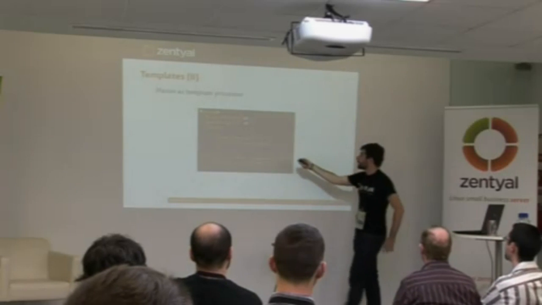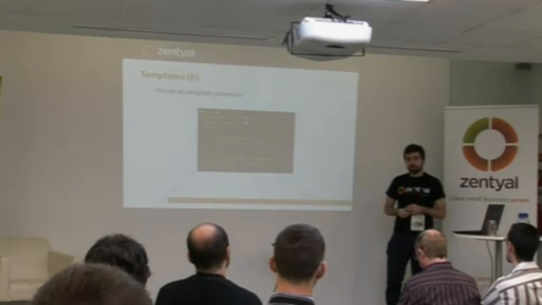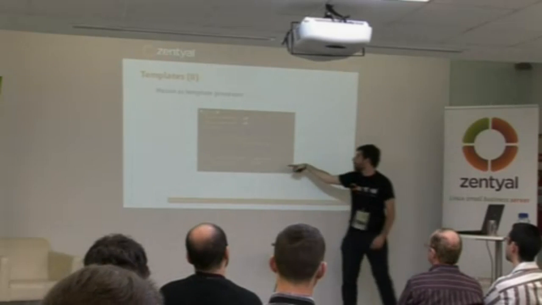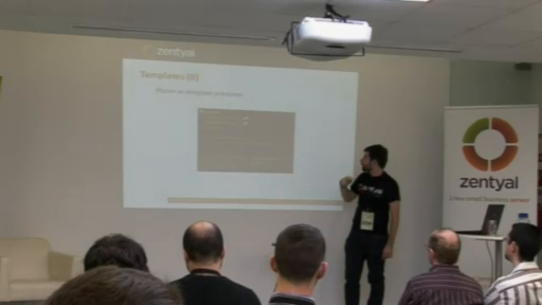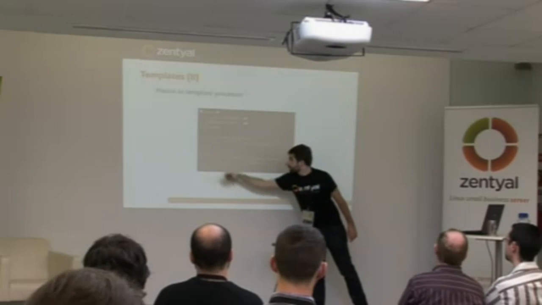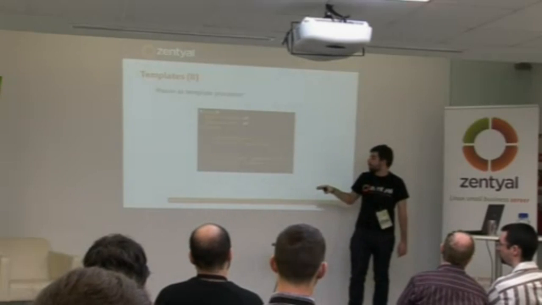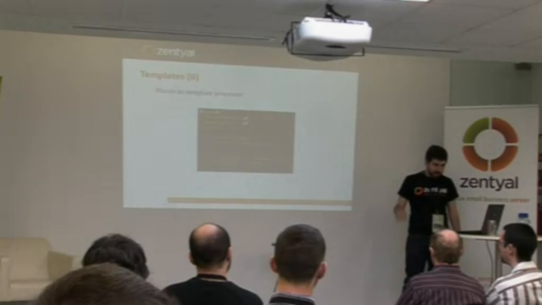So you have the parameters here. Zentyal passes these parameters to the template, and you use them in order to write. This template also includes some code. This is Perl code, but the lines without that are just the template where you include the vars, the parameters.